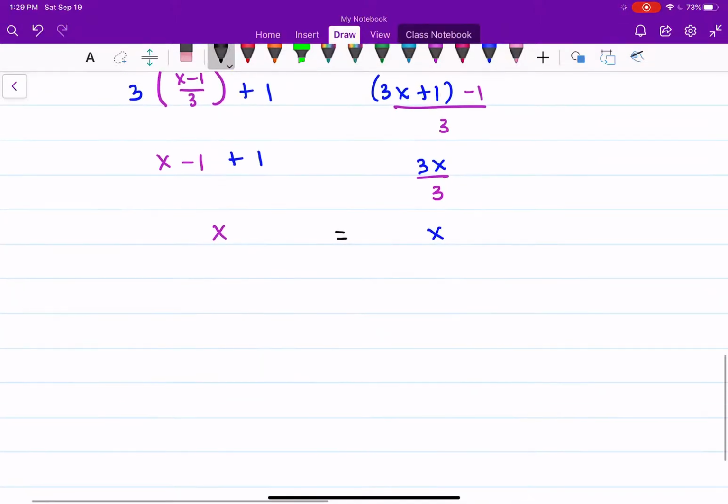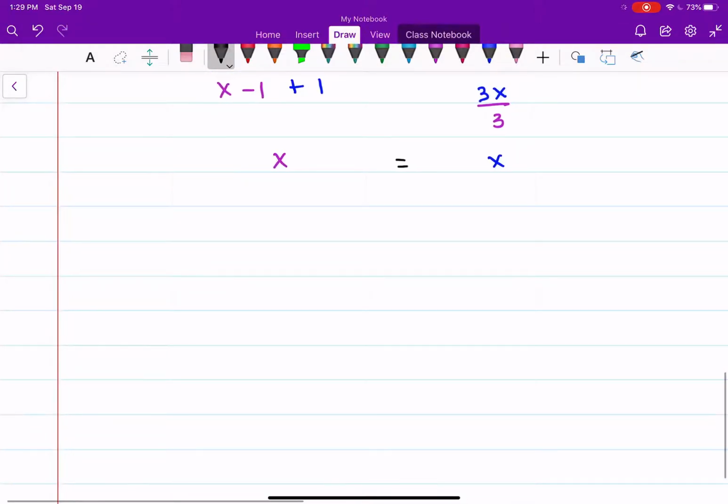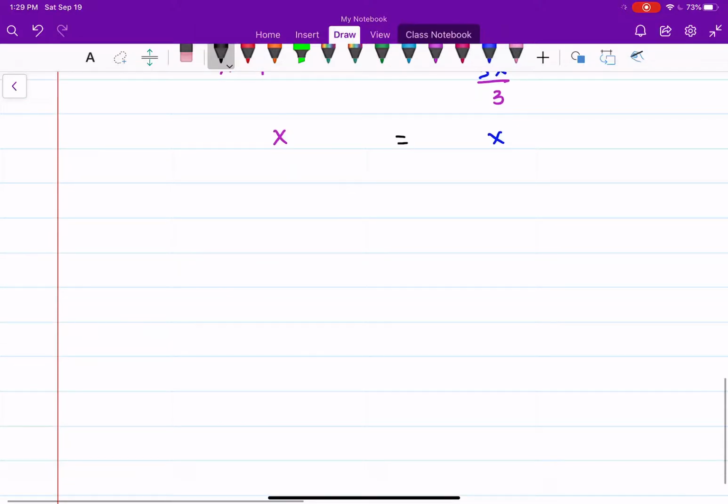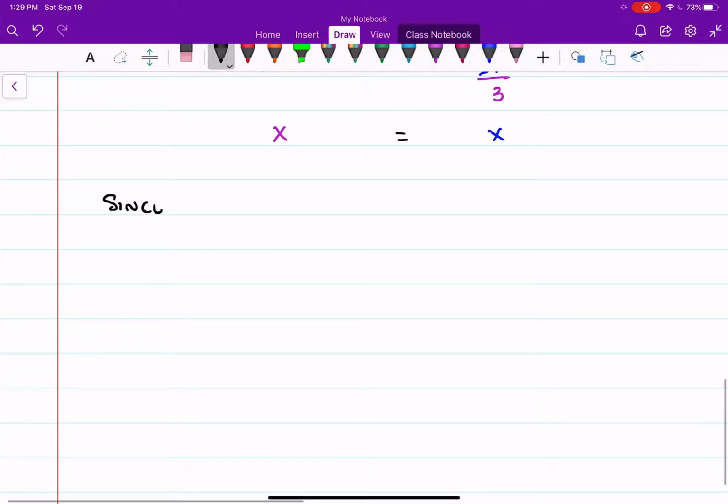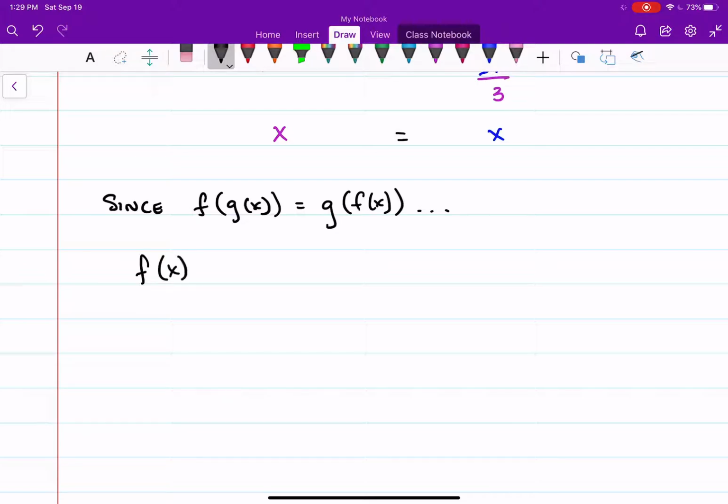So therefore, I can say, since f of g of x is equal to g of f of x, f of x is the inverse of g of x.